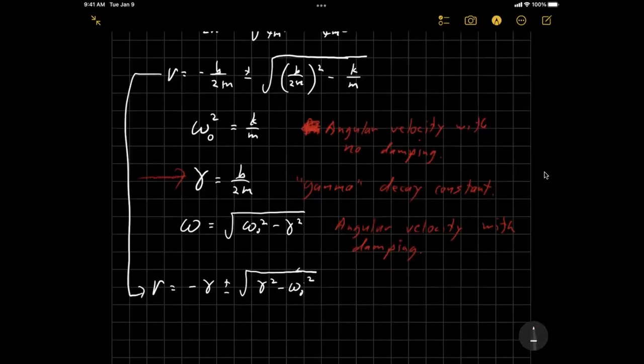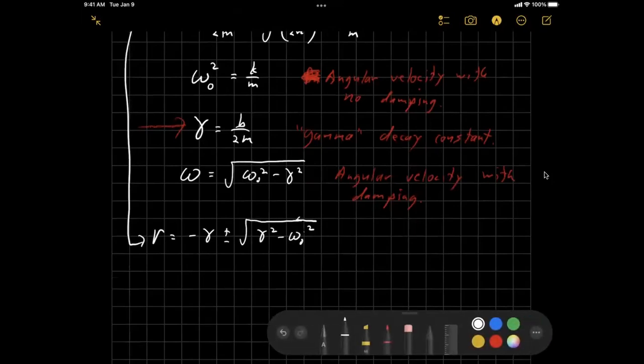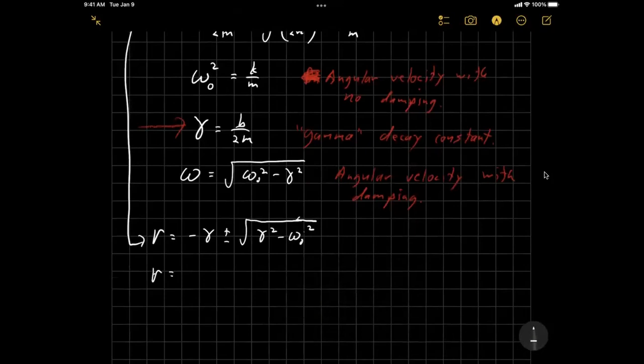Now we can see gamma squared minus omega naught squared is exactly the opposite of what we would have expected for omega. Omega squared would be the opposite of that. So what we can do is say this is negative gamma plus or minus the square root of the negative of omega naught squared minus gamma squared.